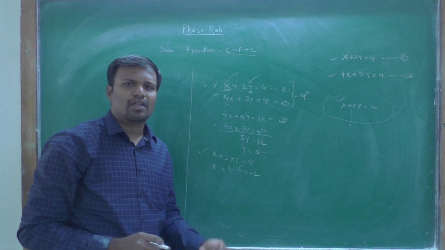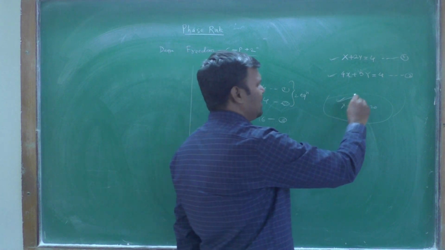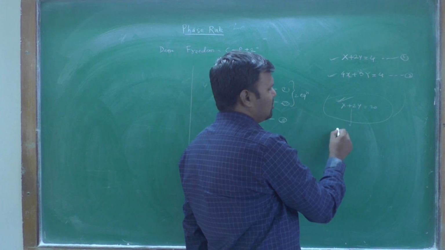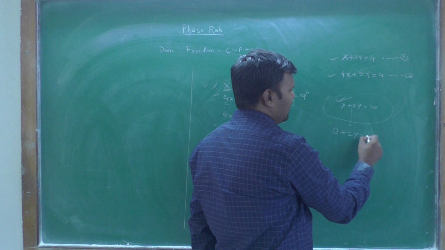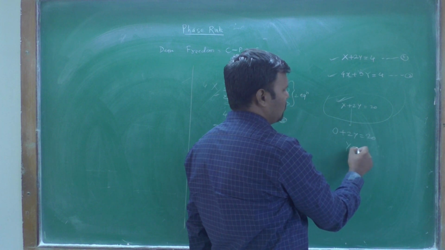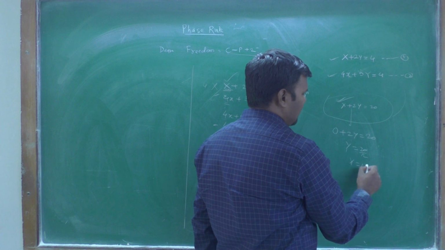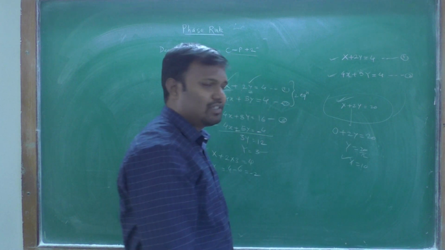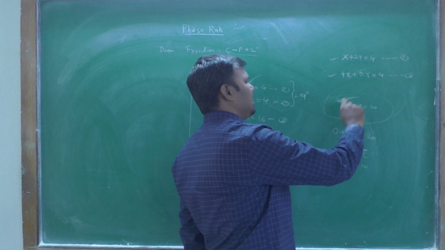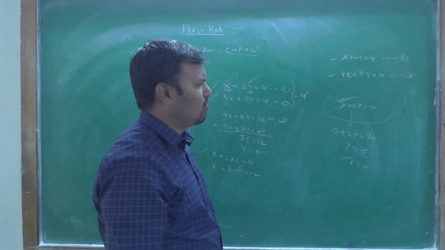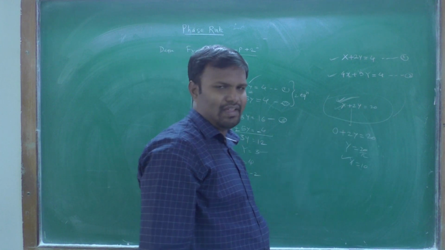Therefore, by putting different values of x, suppose I put x equal to 0, then 2y is equal to 20, therefore y is equal to 20 upon 2, y is equal to 10. By substituting different values of x, we can find different values of y.